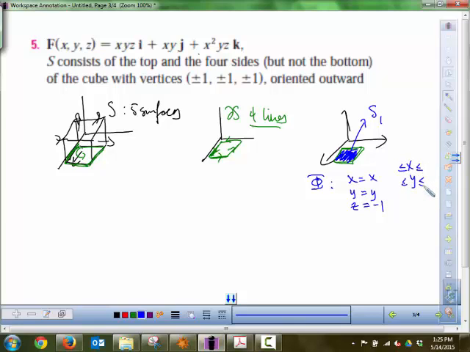What are my limits for x and y? -1 to 1, -1 to 1. So that's it. Looks like it'll be an easy integral to me. Can you just tell me what the normal vector should be? K.